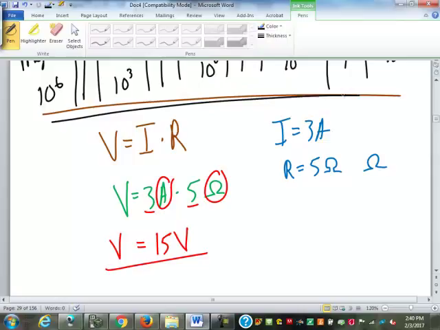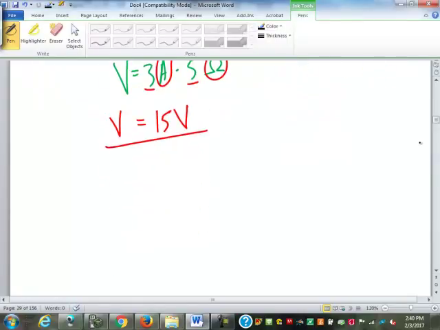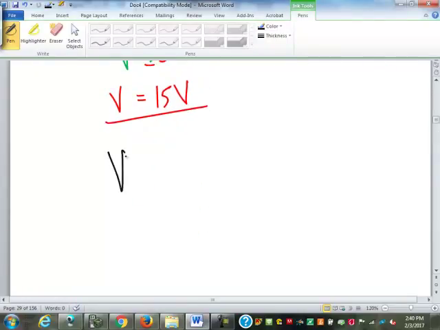Well, back to our prefixes up here. It's not uncommon to have a current of 3 milliamps and a resistance of 2.8 kilo ohms.